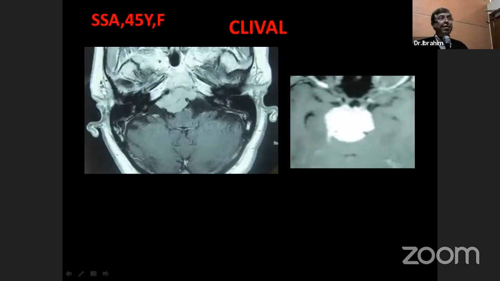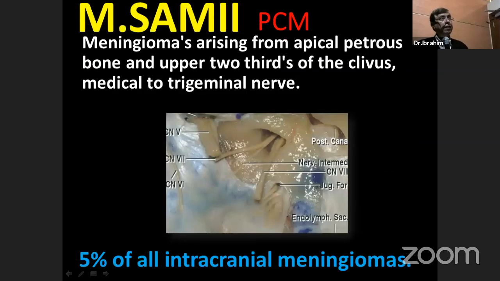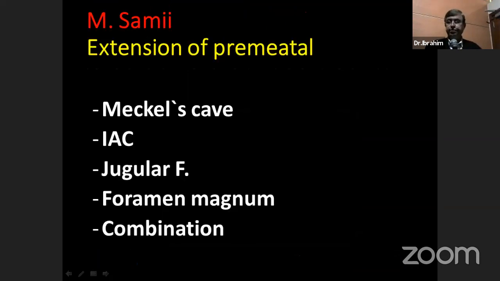You can call them clival meningioma. So Majid Sami said, meningiomas arising from apical petrous bone, upper 2/3 of the clivus, medial to the trigeminal nerve, are petroclival meningiomas. And they constitute 5% of the meningiomas.